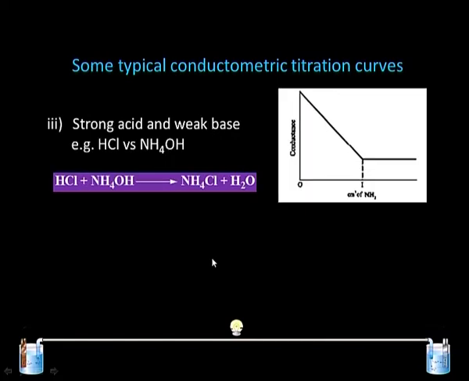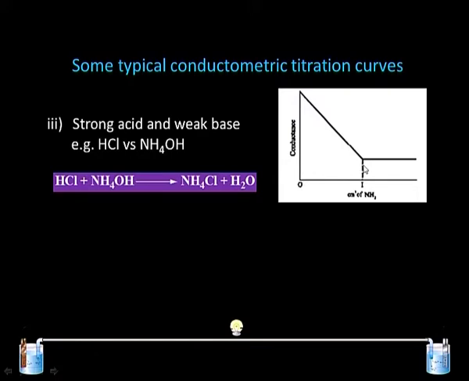There is also the possibility to carry out a strong acid and weak base titration like HCl versus NH4OH. In the burette, the NH4OH is added and the acid is in the beaker with the conductometric cell dipped in it, and conductance measurement shows that as the mL of NH4OH is added, the conductance falls.